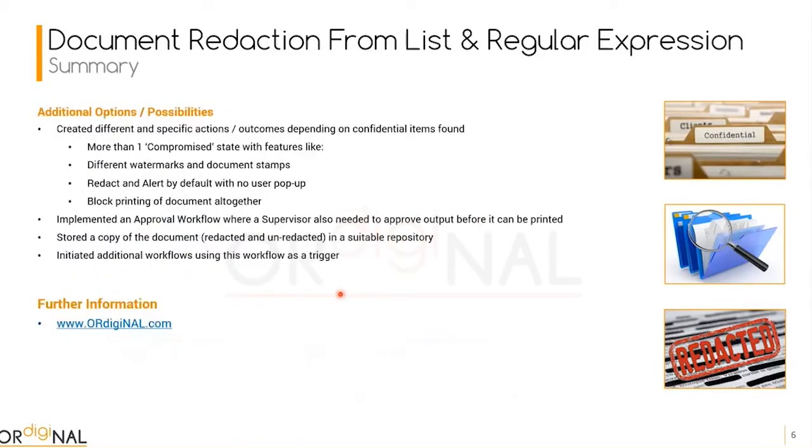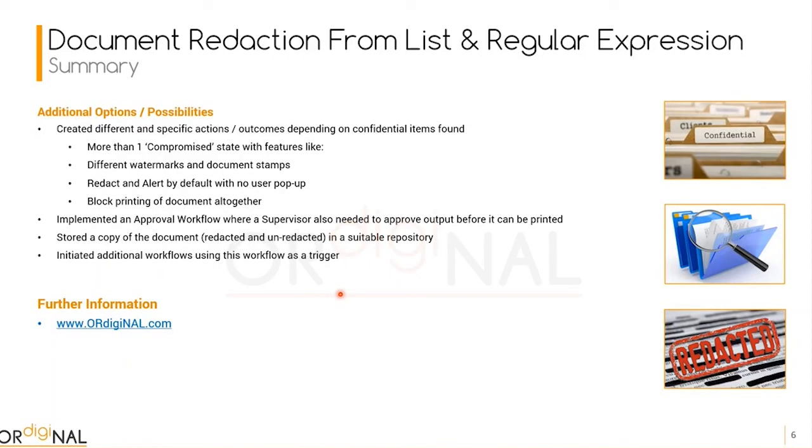Other things that we could have done within the workflow is that we could have created different and specific actions depending on the confidential items found. So that would have been having more than one compromised state, perhaps with features like different watermarks or document stamps being applied, or redacting or alerting by default with no user pop-up.